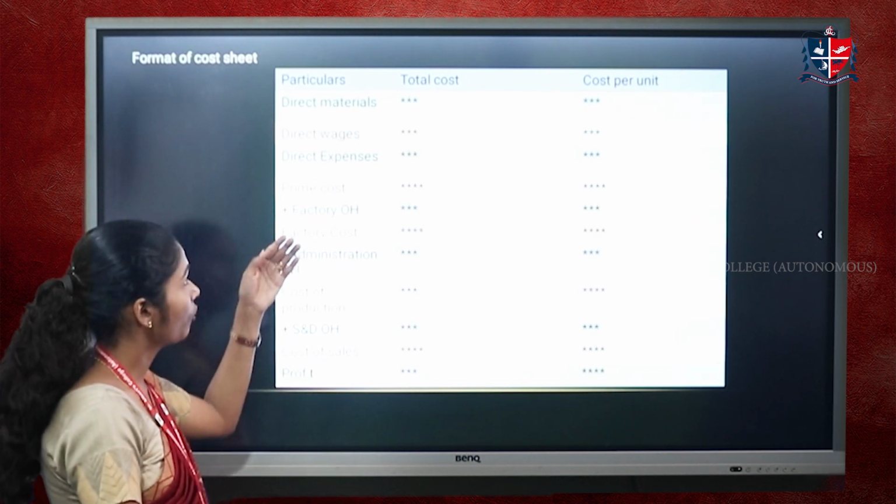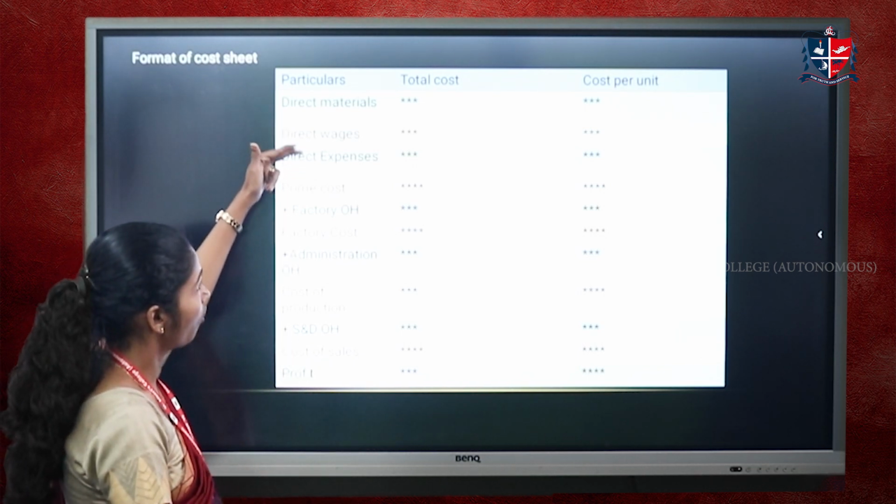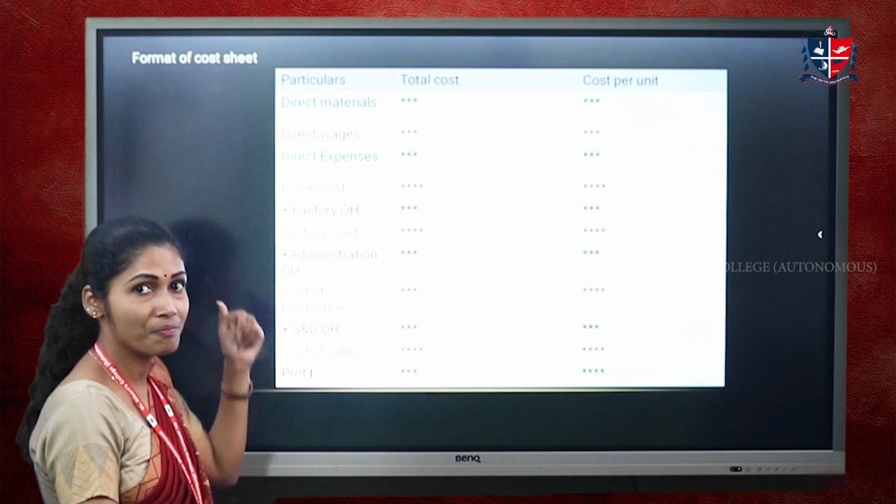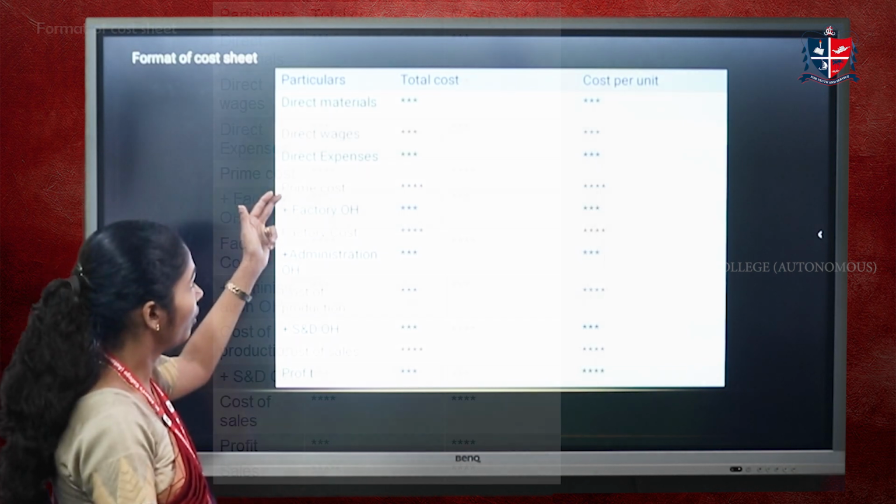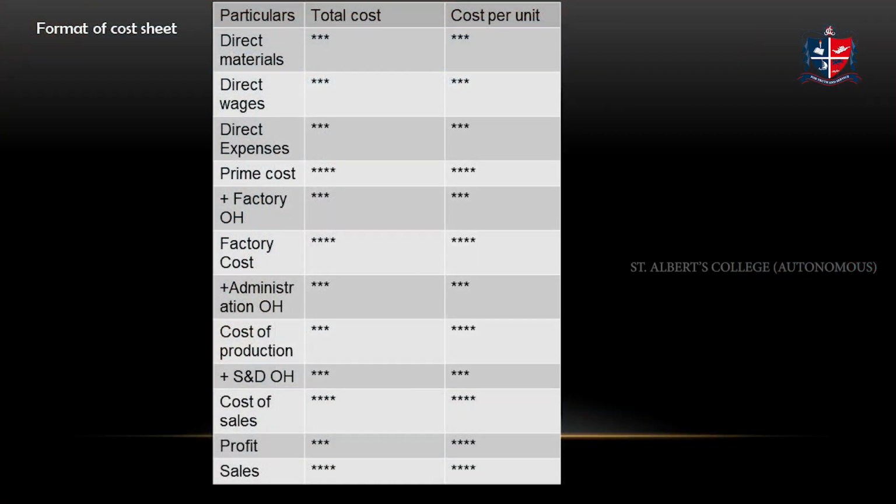The sum total of these 3 is called prime cost. Then add factory overhead if any, like factory depreciation, oil or wastages. Adding factory overhead to prime cost, we get factory cost or work cost.